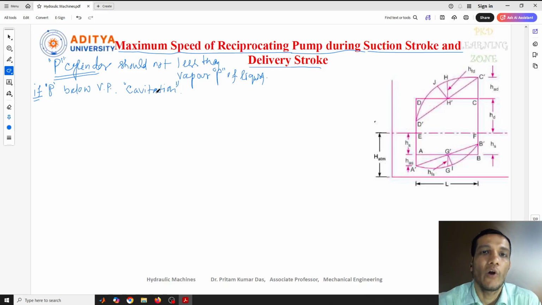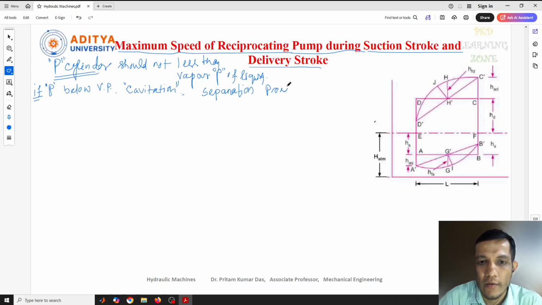This continuous flow will not be there because of the pressure difference. So if continuous flow is not there, then separation of liquid will take place. So the pressure at which point that separation started, I can say next, the pressure at which separation takes place is called separation pressure in the liquid.